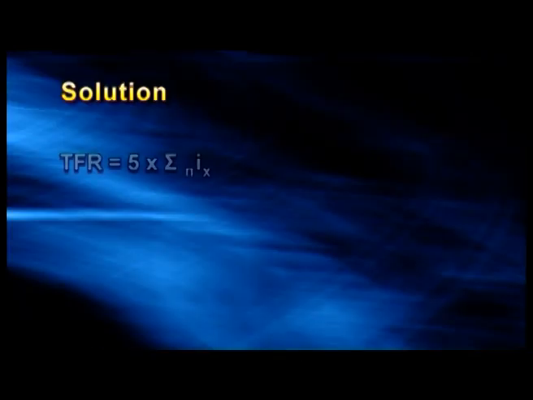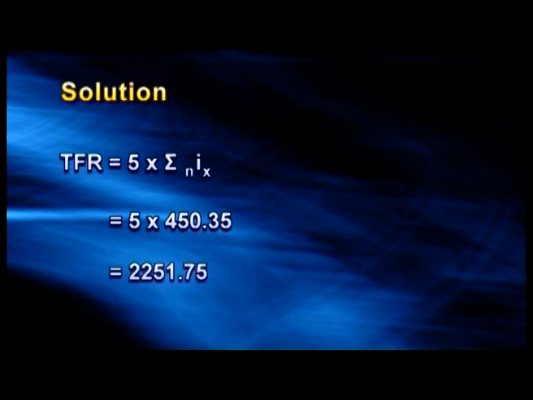Next, we will calculate the total fertility rate. The total fertility rate is equal to 5 into summation of the age-specific rates, which is equal to 5 into 450.35, which is equal to 2,251.75 per thousand.